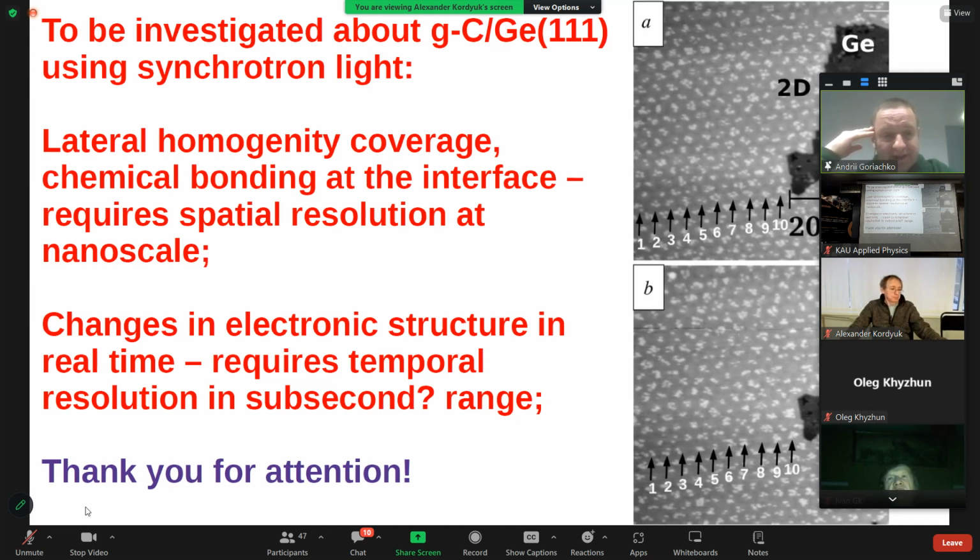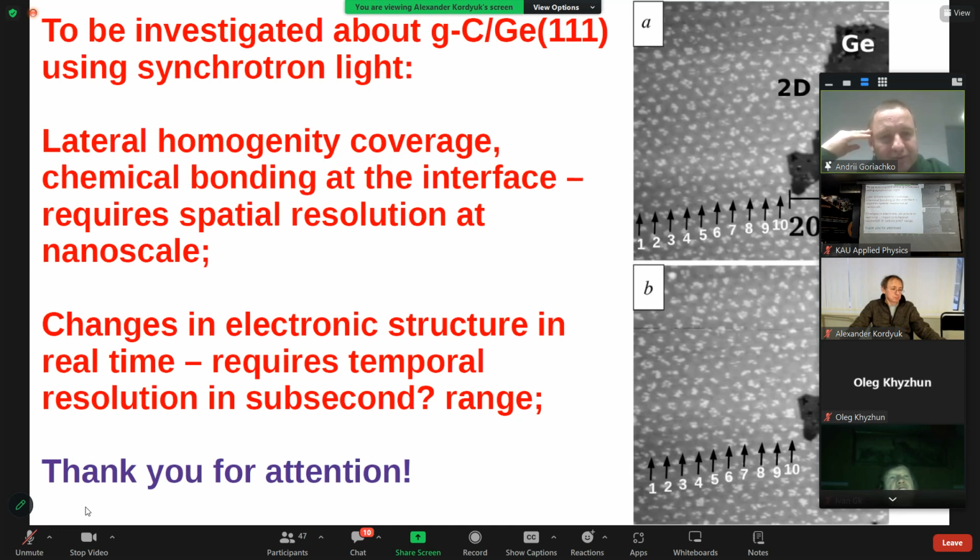So there are covered areas and uncovered areas. And of course, chemical bonding at the interface will also be very interesting, also in terms of the depth resolution, which is, of course, very easily doable by means of synchrotron-based photoelectron spectroscopy, for example, or absorption spectroscopy.